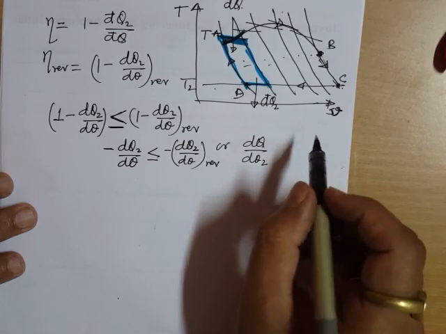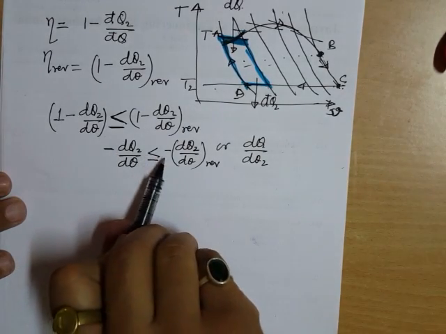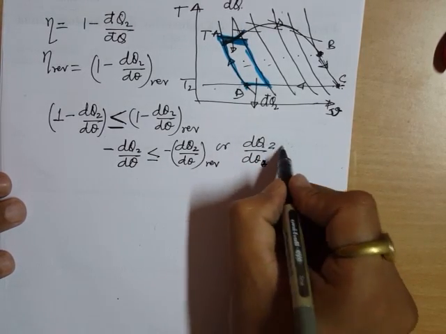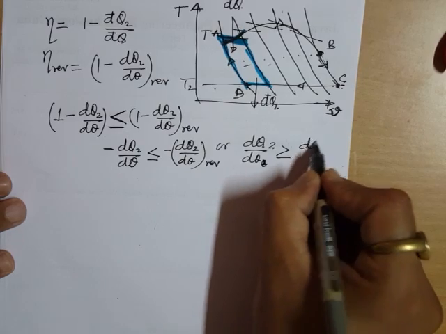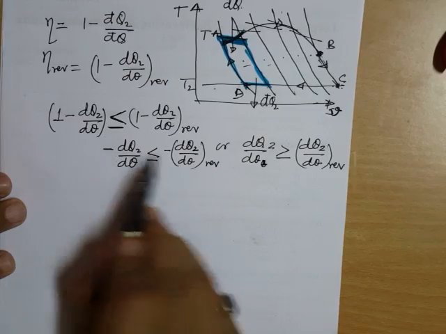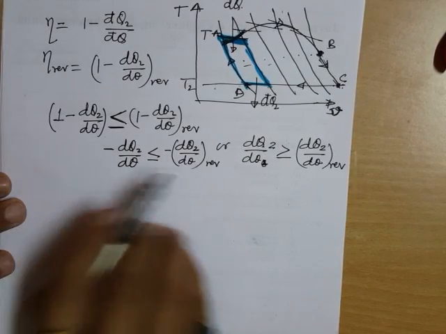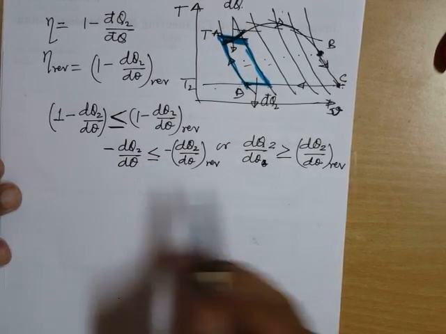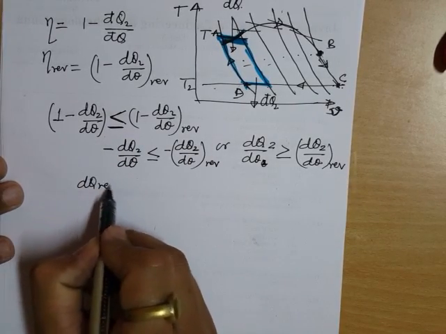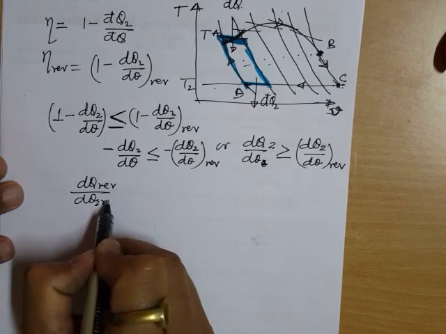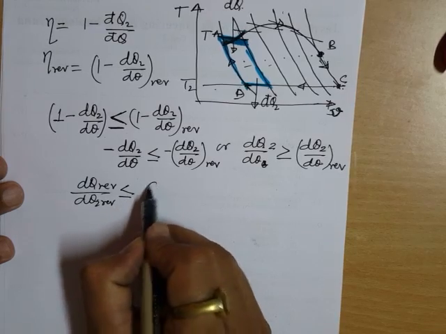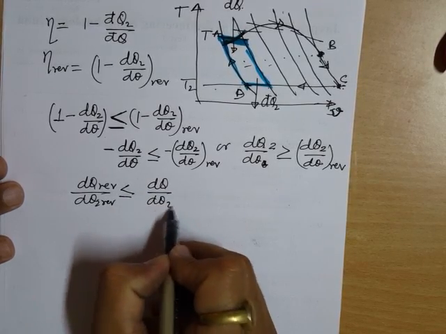Negative signs, when multiplied, this inequality will get reversed. So dq reversible by dq2 reversible will be less than or equal to this dq upon dq2 for a general cycle.